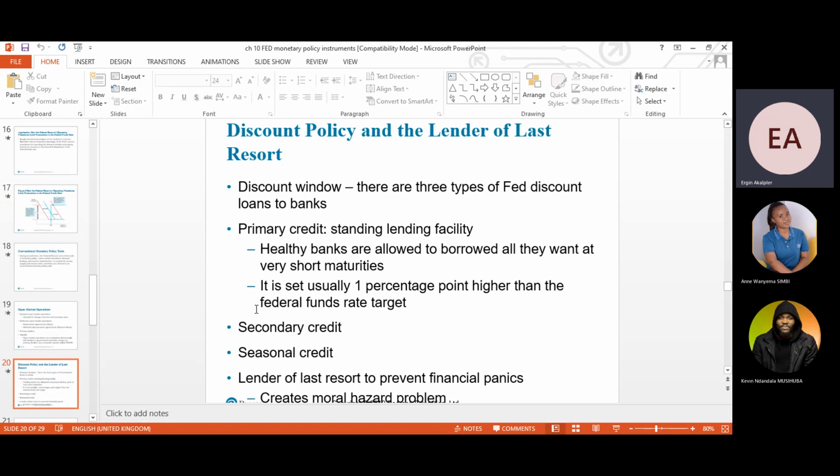It is expected to hold sufficient currency and loanable funds to help those intermediaries who are in need and who have problems in their institutions.